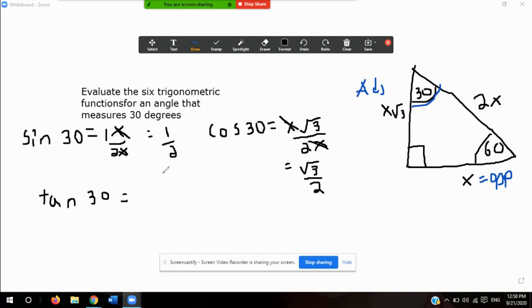So we're going to say x, which is my opposite, over x times the square root of 3. And the x's are going to cancel each other out, and that would leave me with 1 over the square root of 3.